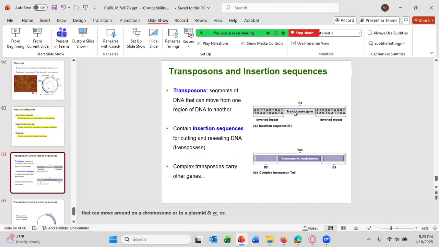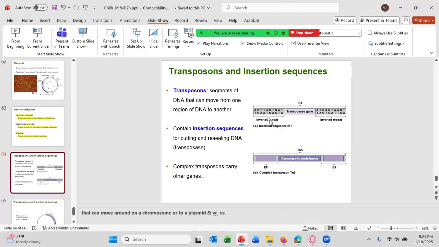The transposase gene codes for an enzyme which actually cuts out the gene. So let's say this is attached to a chromosome here and here. The transposase actually cuts this piece out and then reanneals the DNA ends together. So the transposase gene moves out. And then the enzyme goes and cuts another piece of DNA and then inserts this gene that was cut out of that old location to the new location.